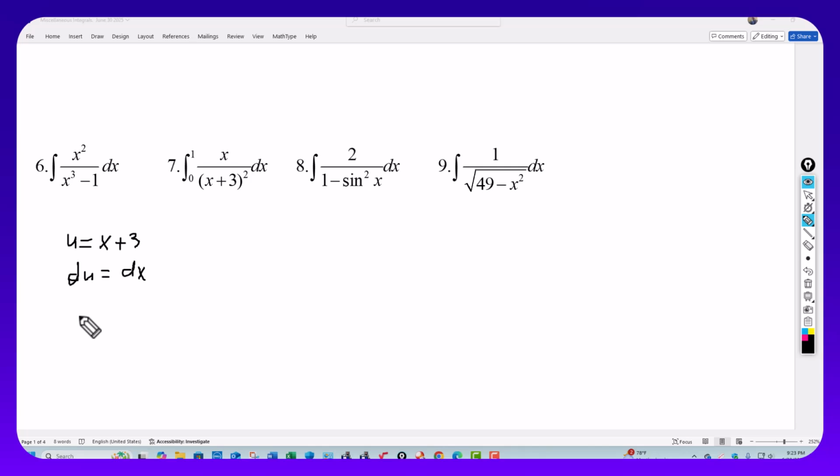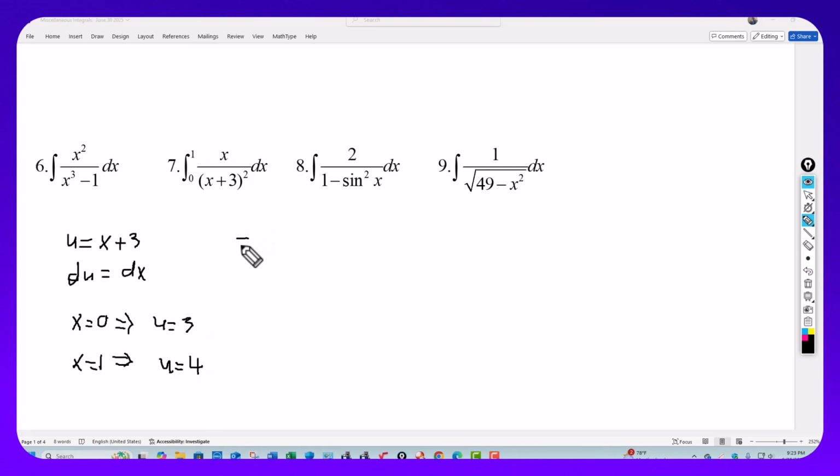If x is equal to 0, the lower limit, what would it be with u? I put a 0 there, and u would be 3. At the upper limit, if x is equal to 1, 1 plus 3 is 4, then u would be 4.